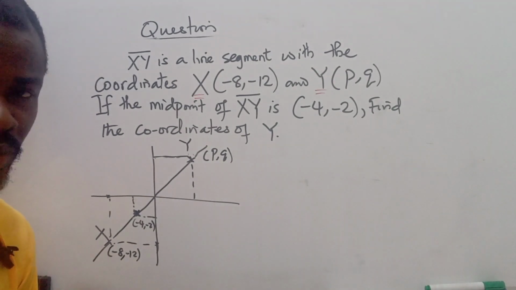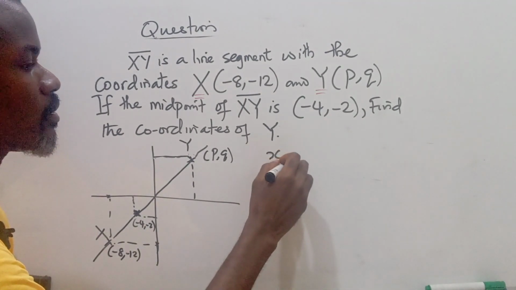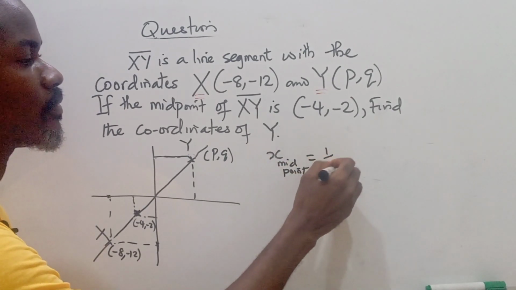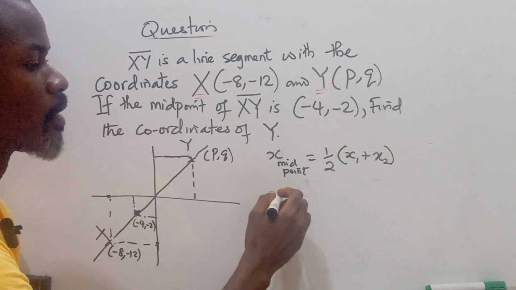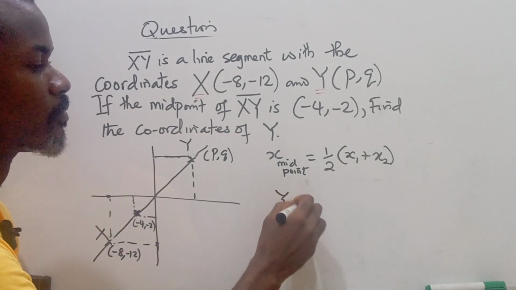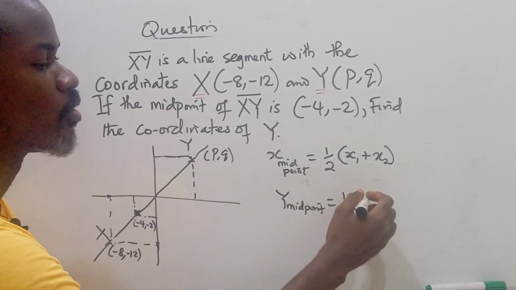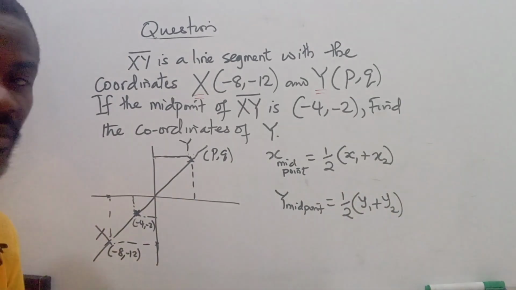Now it's very simple. We know that by the formula, the midpoint of X is equal to half of X1 plus X2, and the midpoint of Y is half multiplied by Y1 plus Y2.